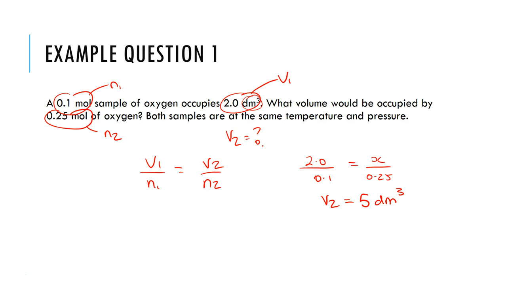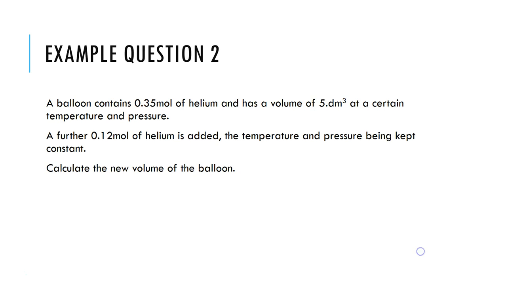And that makes sense. We've taken it to 2.5 times. So if we take 2 and multiply it by 2.5, we will actually get 5. So we can see that that relationship is indeed directly proportional, and that answer makes sense. Going on to question 2, again we've got our balloon situation.